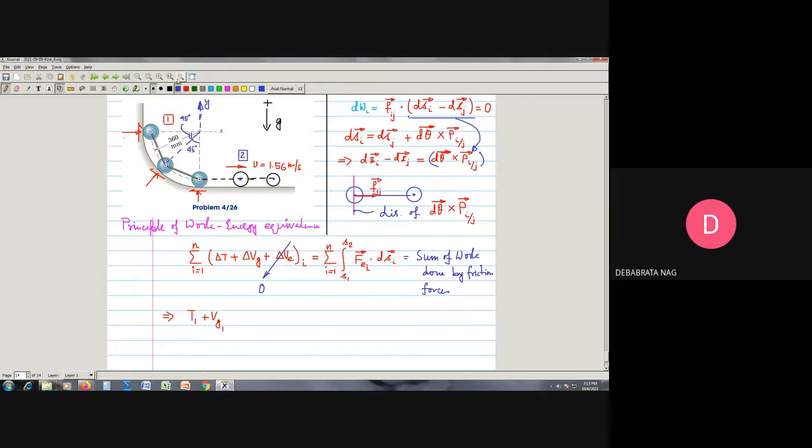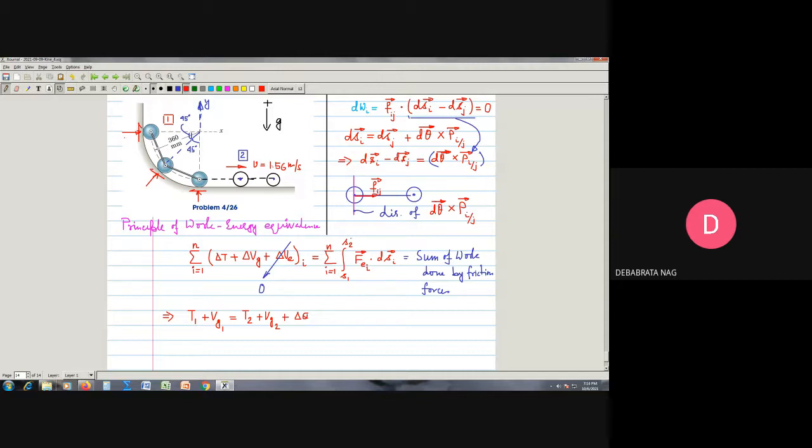So I can rewrite our equation in this manner, that it is the initial total energy, and that must be equal to T2 plus Vg2 plus delta Q, that is the total loss or the total work done by the friction forces. Because these are friction forces, it means that the work done will be negative.